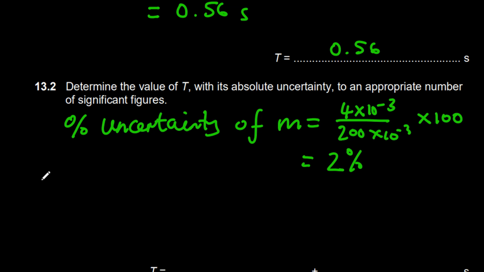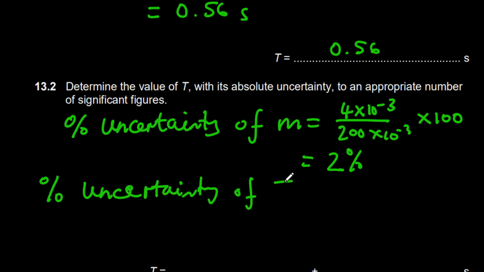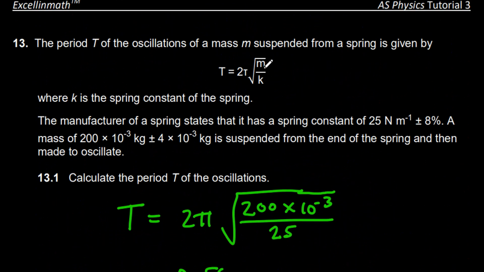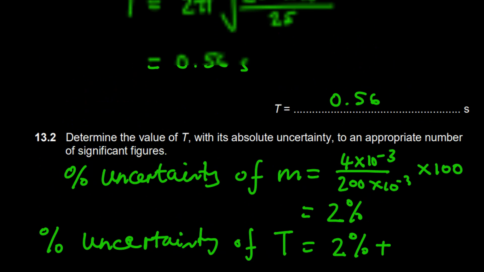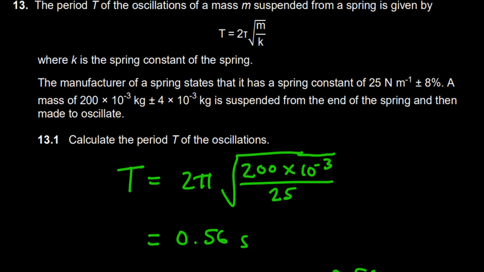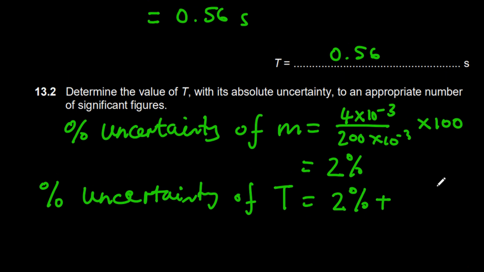So now we can find the percentage uncertainty of t. So we said because we are dividing two quantities, we must add their percentage uncertainties. So it's going to be the 2% plus the 8% for k.